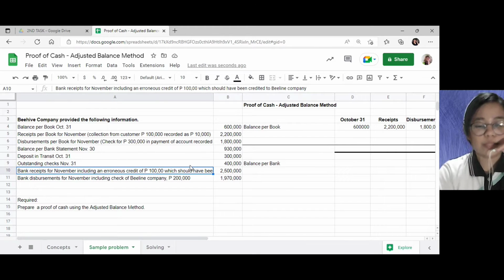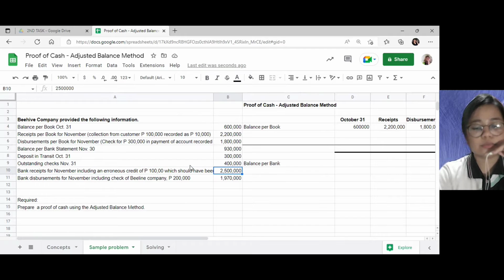Later we will analyze the bank error, since it was indicated here that there was an erroneous credit amounting to 200,000 pesos. That credit should have been for Beeline in the account of Beehive. So there is an overstatement of our bank receipts.